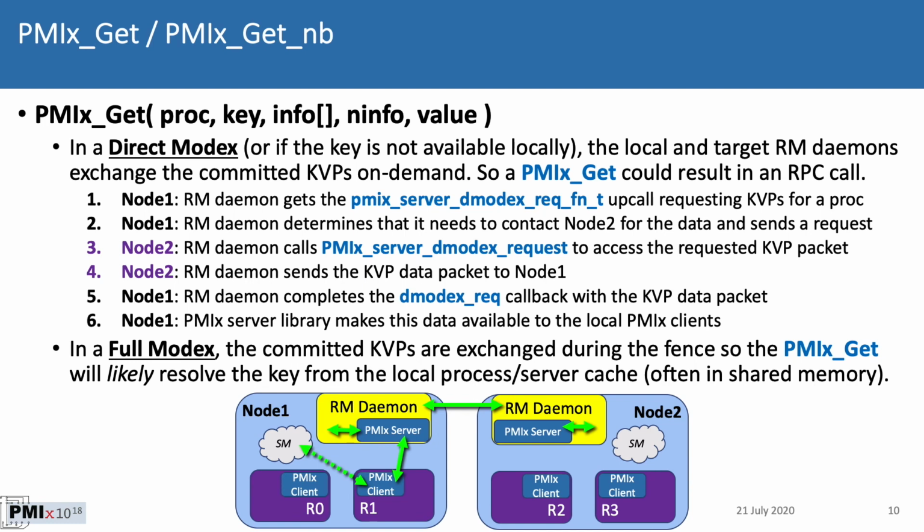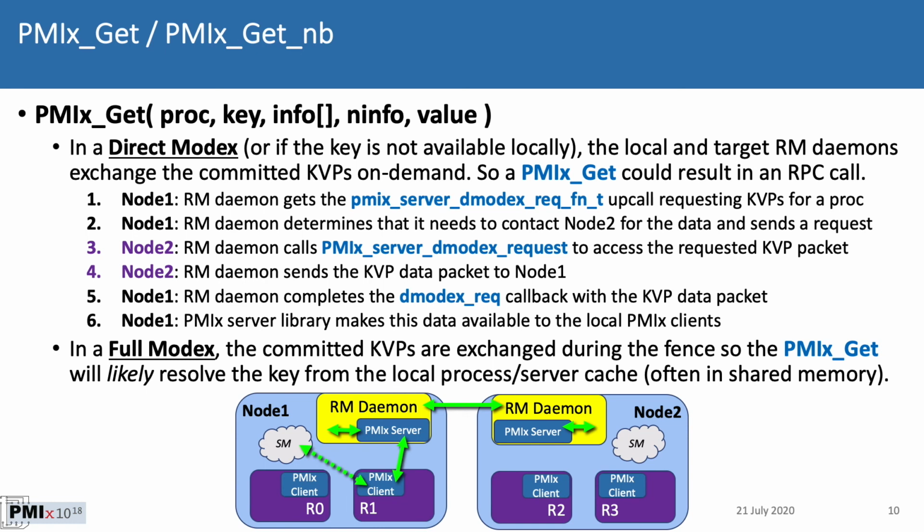So a PMIx get call regarding a process may result in this RPC call sequence on that first access to that process. Once the committed data has been cached locally, subsequent accesses to the key value set from that process should be faster since they're all served from that local cache. But that first call could be more involved.